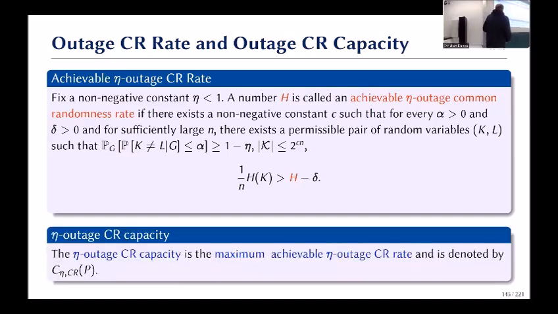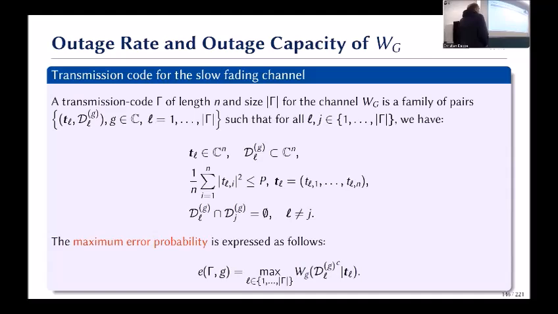And of course, the capacity is defined as the maximum achievable outage common randomness capacity. Then we have to define a code for this common randomness capacity with decoding sets and this maximum, and we do it with maximum error probability with disjoint decoding sets with this power constraint here.